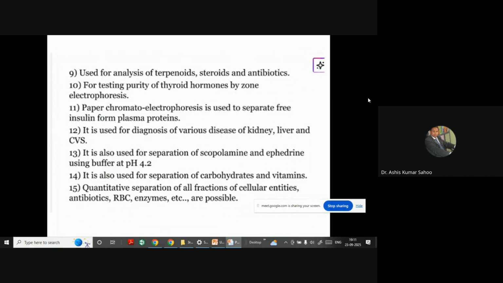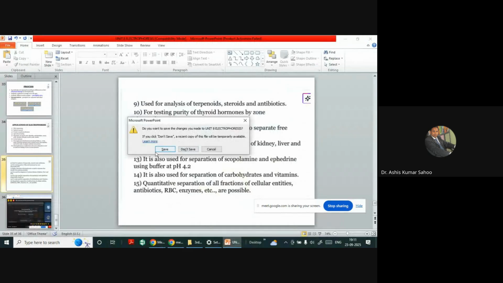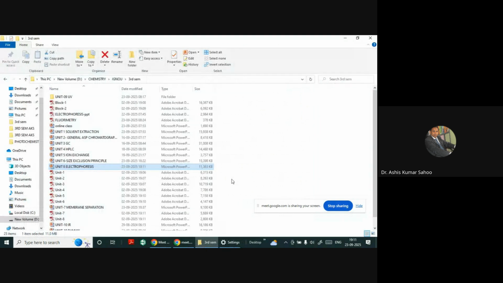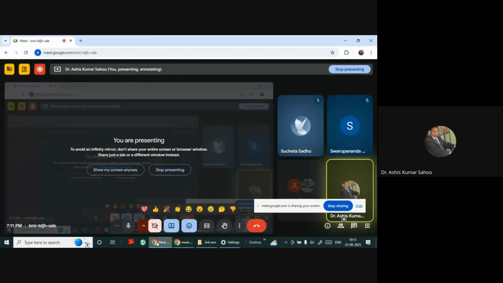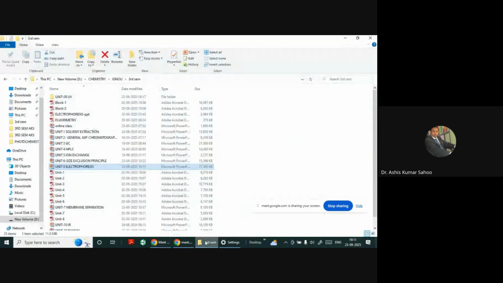We have 15 examples of application. So this is all about separation.